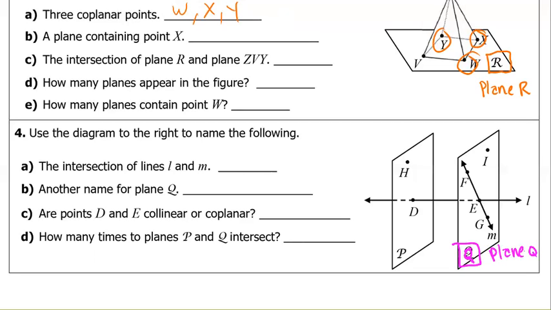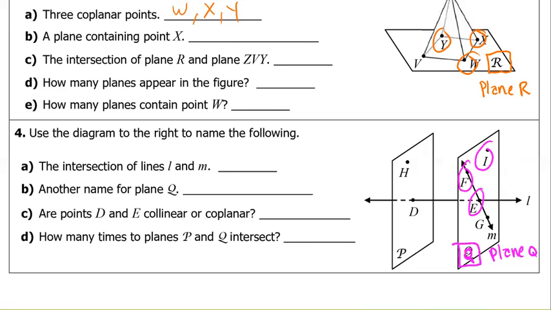Now, another name for this is getting 3 points that are non-collinear. So it has to be non-collinear because I can't pick F, E, and G because that's just a straight line. So it has to be I, F, or E. It could be any other combinations of I, G, E, or I, E, G, or I, F, G. That's it.